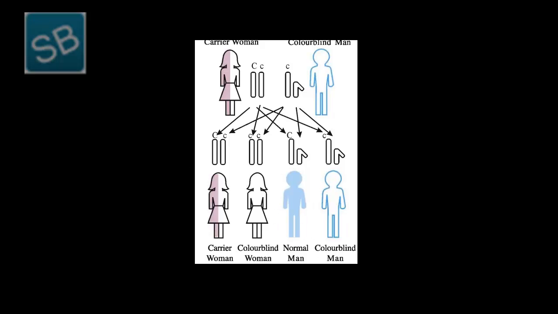So on this basis we can say that if along with the carrier woman the man is normal, then color blindness would be transferred to the offspring only in men. But on the contrary, if a cross is made between a carrier woman and a color blind man, then offspring, both man and woman, will suffer from color blindness.